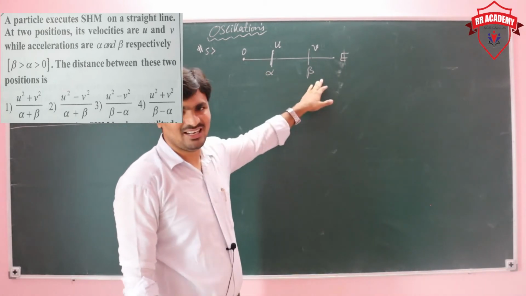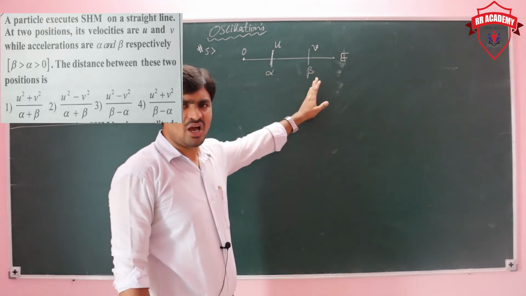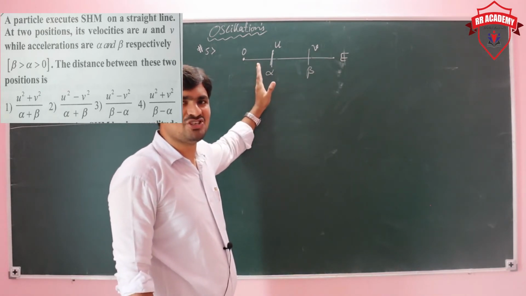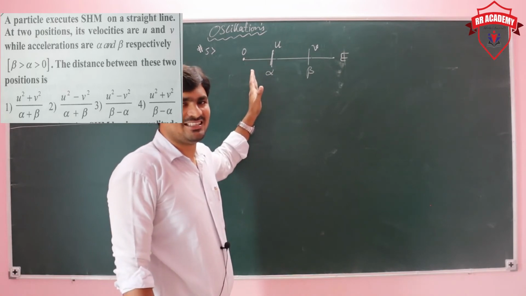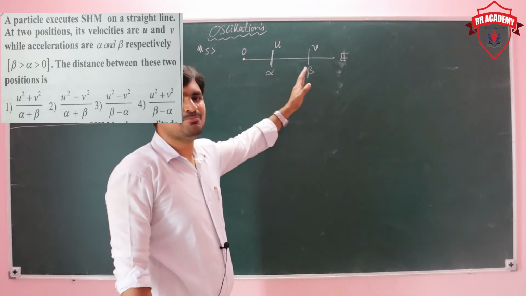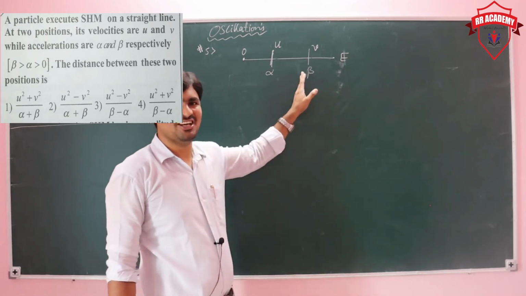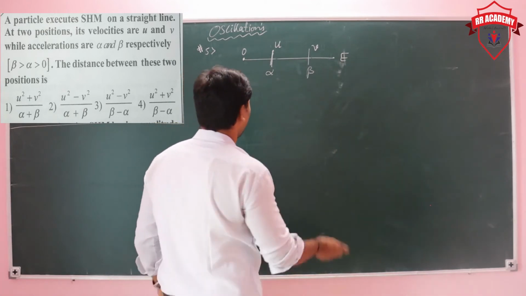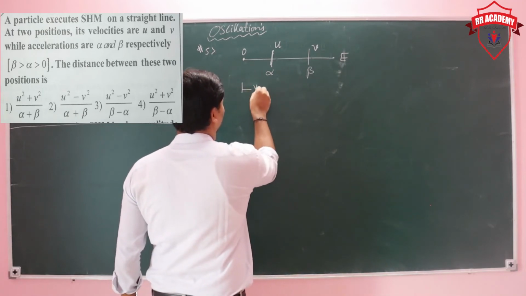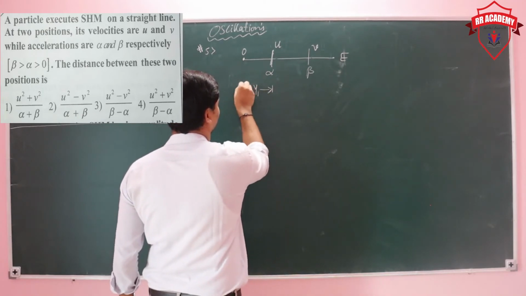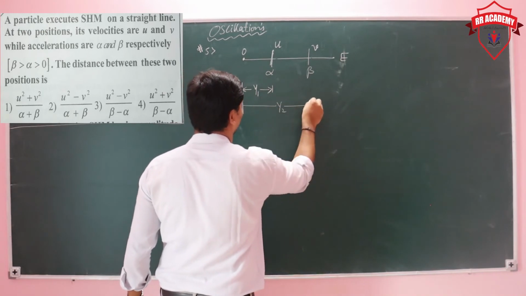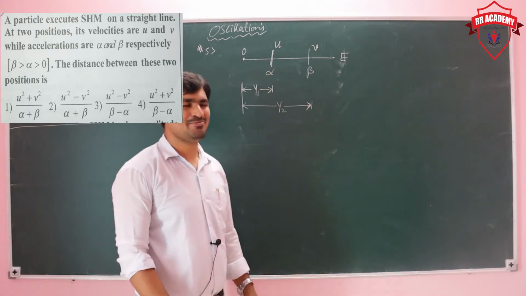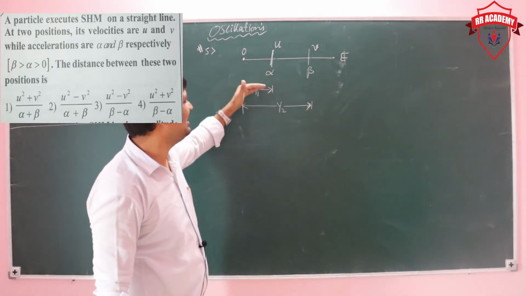Always, when the particle is nearer to the mean position, displacement is less and acceleration is less; displacement more, acceleration more. Here beta is more, so it has more acceleration. I consider this displacement y1, and this y2. Now we need the distance between them, that is y2 minus y1.